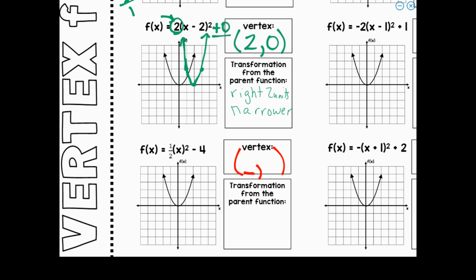Wouldn't it be 0, -4? Right. It would be 0 for my x and -4 for my y. There's nothing inside with my x. Josh, you said if there's something in there with the x, then it's the opposite of it? Always the opposite. Anything inside the parentheses when you're talking about transformations on a graph, it's always the opposite sign.